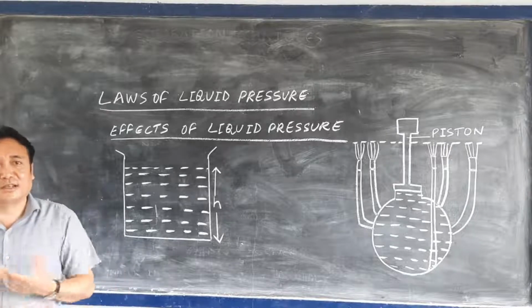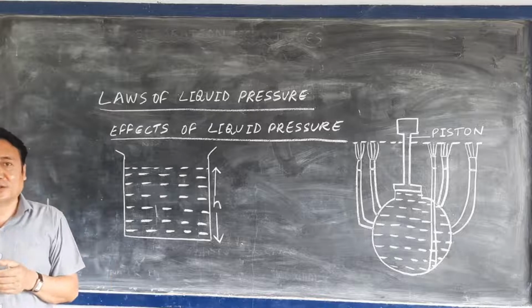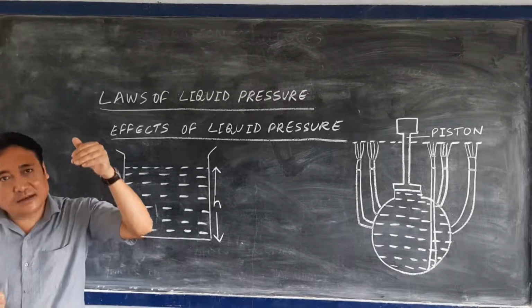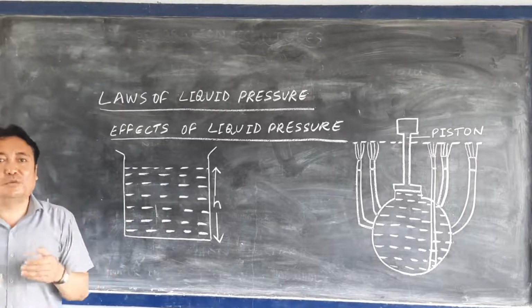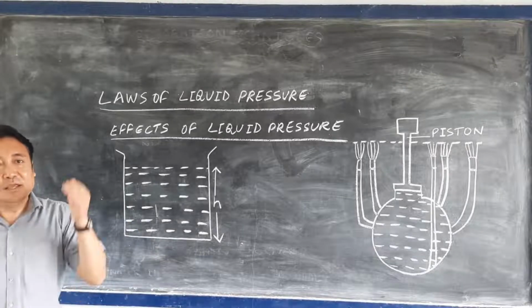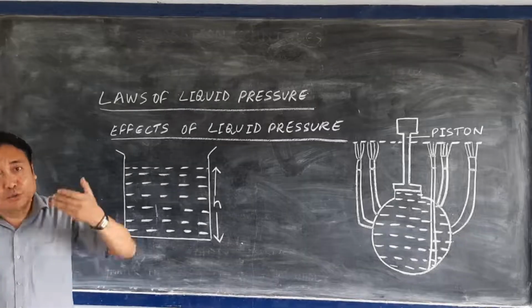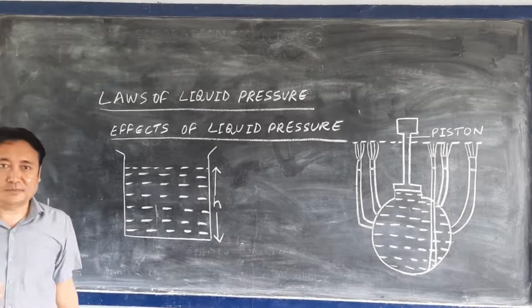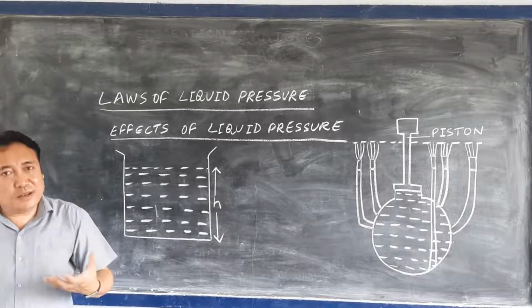You cannot go under the seawater without wearing a diving suit because, as you know, the density of the seawater is more. When you go to a greater depth, enormous pressure is exerted by the water on your body, more than the blood pressure.